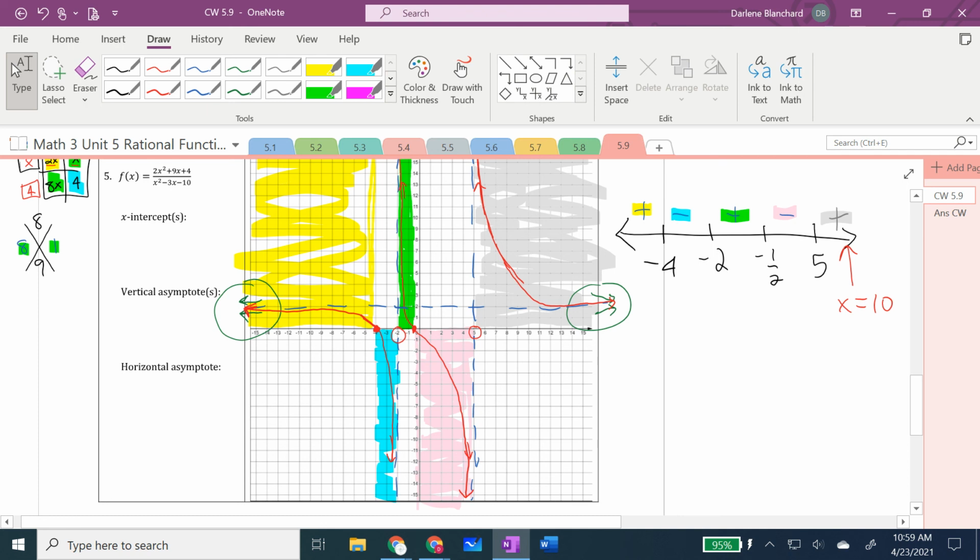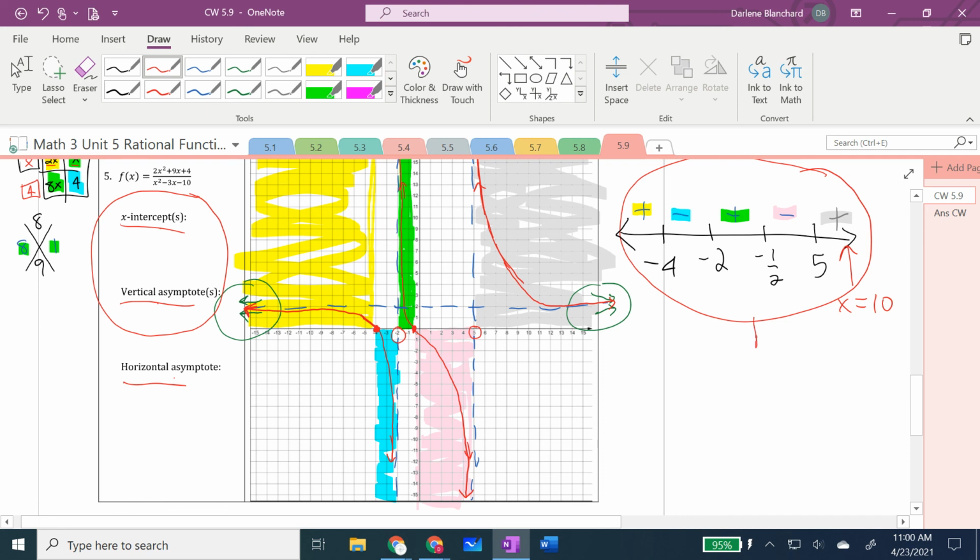But what is expected? Make sure that you find these 3 items. You can find a y-intercept, but it's usually just some horrible fraction. The number line is incredibly helpful. My recommendation is find these 3 things off of the x-intercepts and the vertical asymptotes.